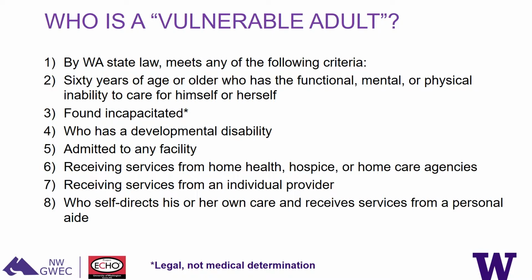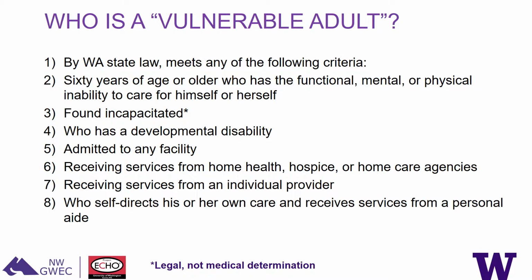In Washington State, a vulnerable adult is anyone who meets any of these criteria. 60 years of age or older with a functional, mental, or physical inability to care for himself or herself; found incapacitated, which is actually a legal, not a medical, determination in this case; anyone with a developmental disability; admitted to any facility; getting services from home health, hospice, or a home care agency; receiving services from an individual provider; or who self-directs his or her own care and receives services from a personal aide.